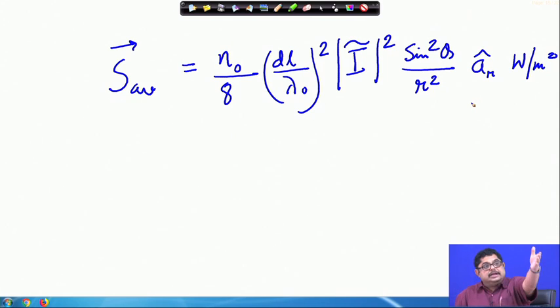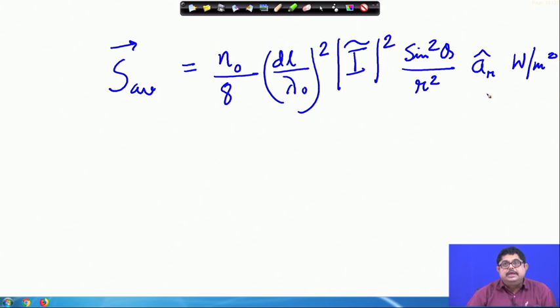That is why we say that power follows an inverse square law, but remember that the fields have 1 by R variation. And so, this clearly says that radiation is taking place.